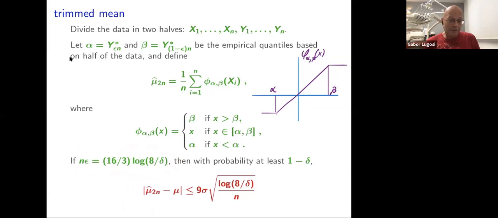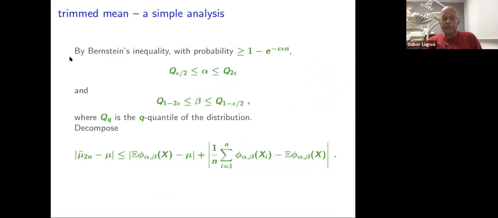Once again, the estimator of course depends on delta, the probability of error, because that's where we do this thresholding. So here's the proof. It's a little bit longer, but it will fit in 2 slides.